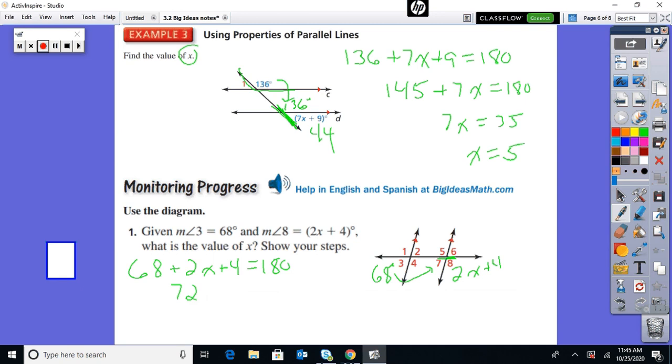So 72 plus 2x equals 180. So 2x is 108. So x is 54. What is the value of x? And there you go. And if you plugged it in, you would get 112. 112 and 68 do indeed add up to 180.